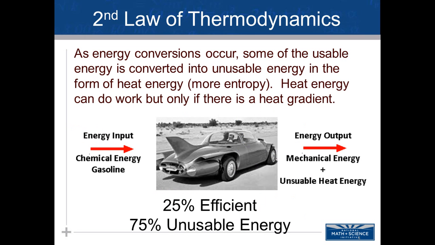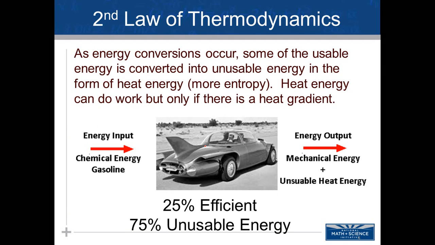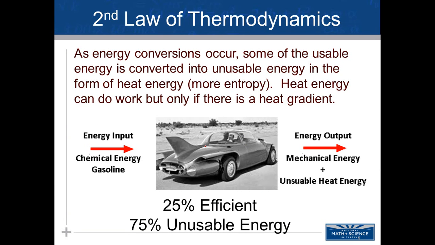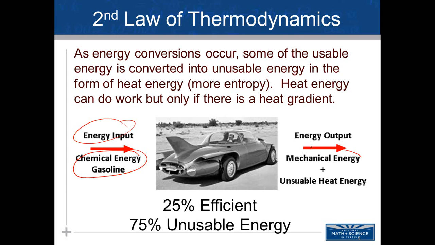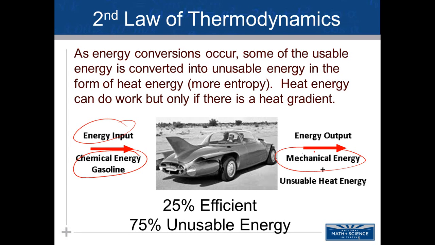Now, the second law of thermodynamics is going to take a little bit more explanation and some background. So let's examine this photograph of a car moving. We know that in order for the car to move, we have to have an energy input, and that comes in the form of gasoline. The gasoline is going to be converted into mechanical energy as the car moves.